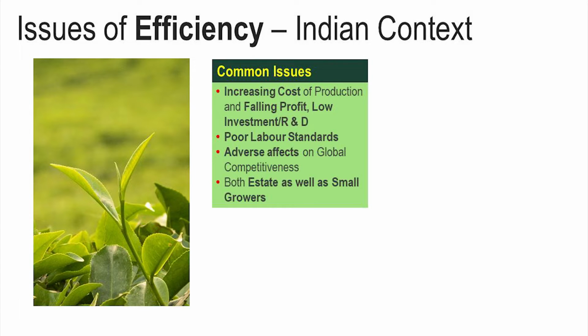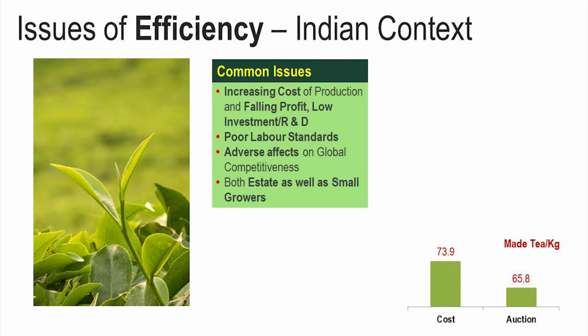It also reflects the poor labor standards, related to labor productivity and labor conditions, and all these adversely affect global competitiveness. Both estates as well as small growers are suffering from these common concerns. Apart from these common concerns, we have also got other issues.